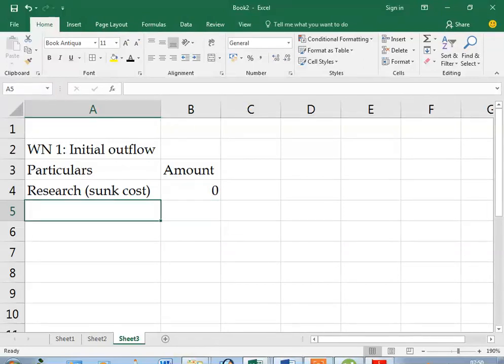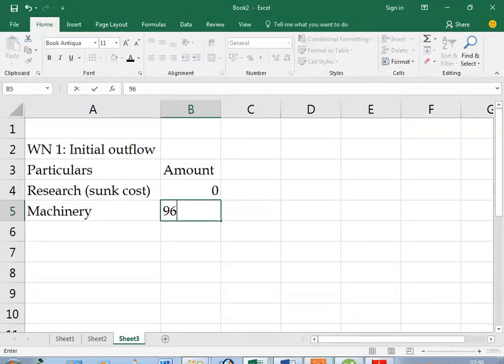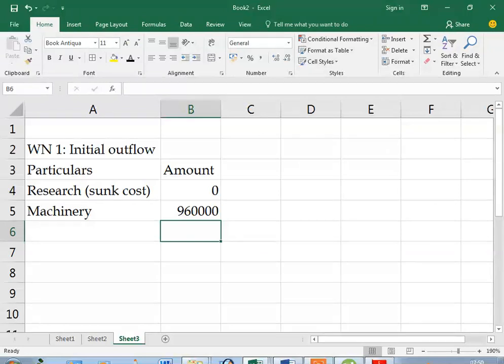Machinery cost, how much? 9,60,000. Anything else?